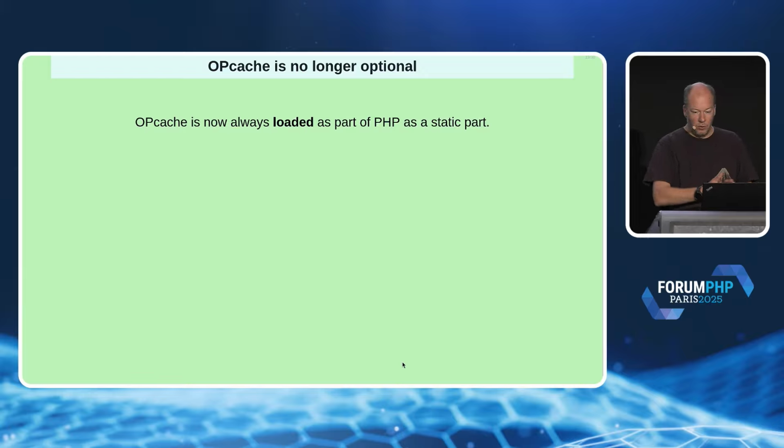Now, the next thing to have a look at is OPcache. So OPcache is an extension that was always delivered with PHP, but it wasn't always loaded for you. OPcache is something that pretty much everybody should use in a production environment, because the only thing it does is make things go faster, and that is always a good thing. But there are always situations where that isn't what you want.